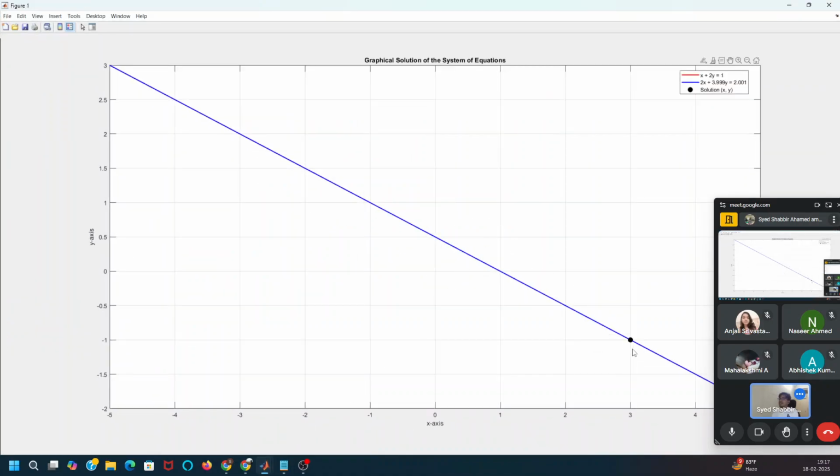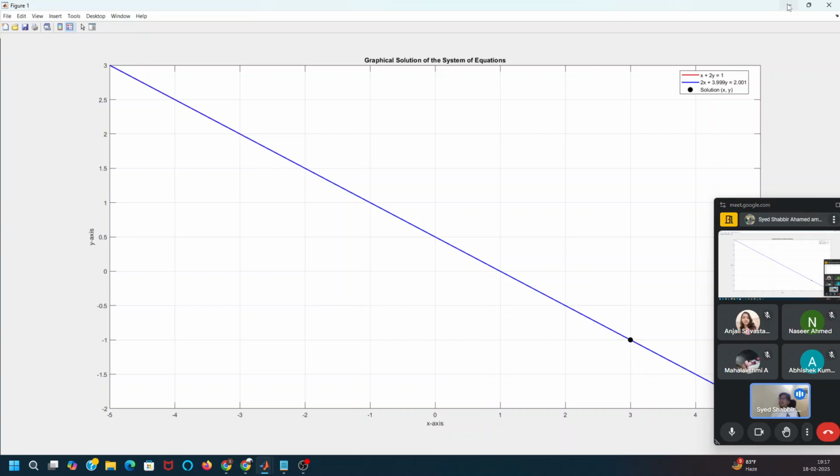So same thing, if you have two nearly parallel lines, and if you just move one line a little bit, then your solution can diverge very much.